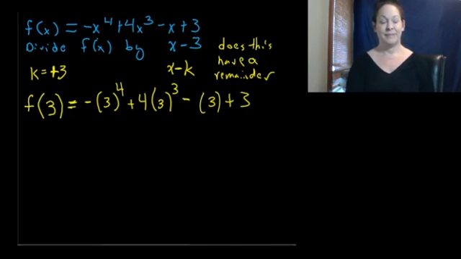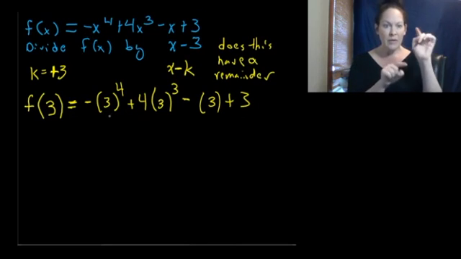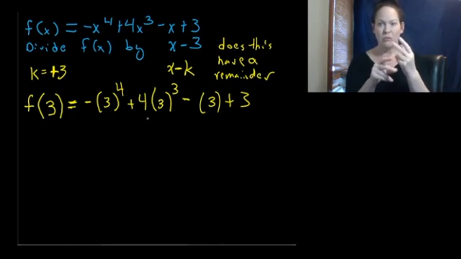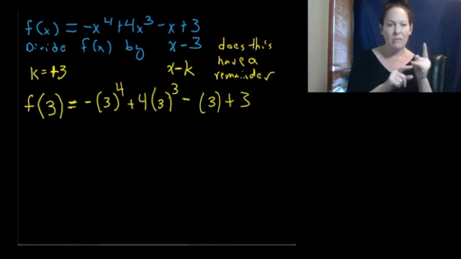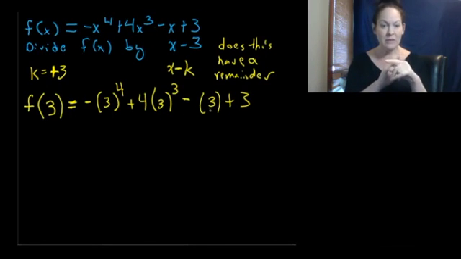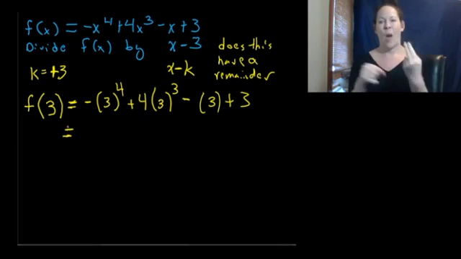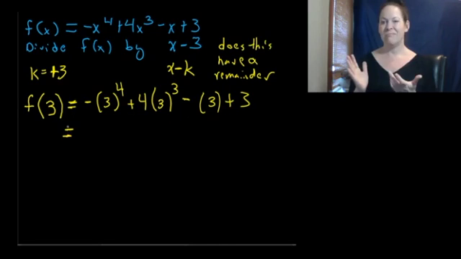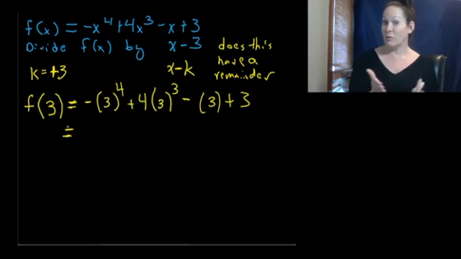Alright, so let's see. Did I put 3 in? So negative 3 to the 4th, 4 times 3 to the 3rd. Minus 3 plus 3. Alright, I'm going to punch this in the calculator. And in fact, having your calculators handy for these and using your parentheses will help.